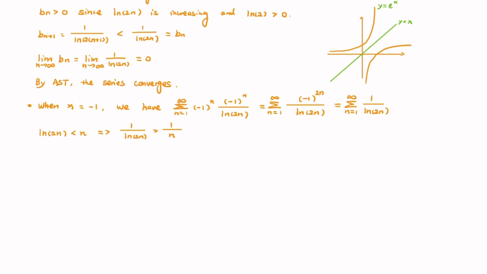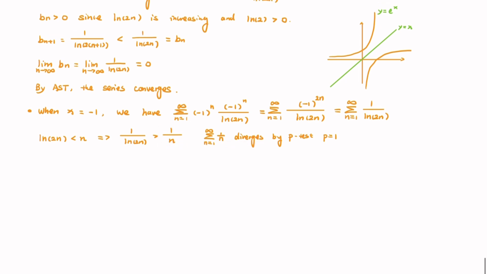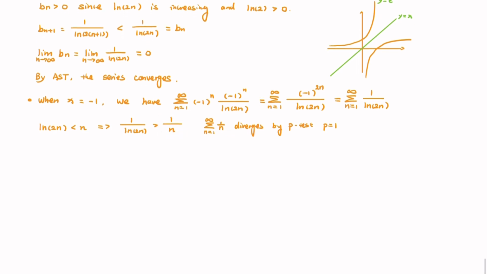This b_n diverges by the p-test. So let's write it down. This series 1 over n diverges by the p-test, or p-series, since p is 1, and it's smaller than my a_n. Remember, if your b_n diverges, you need to pick the smaller one. It's smaller than my a_n, so I can use the comparison test.